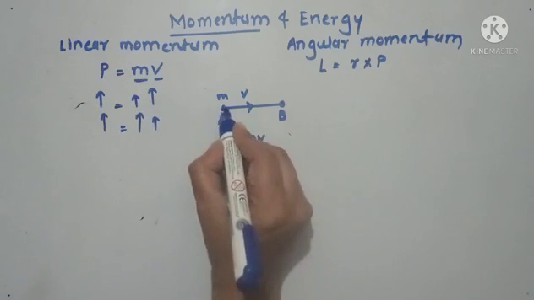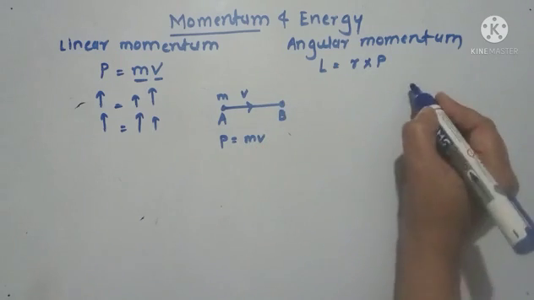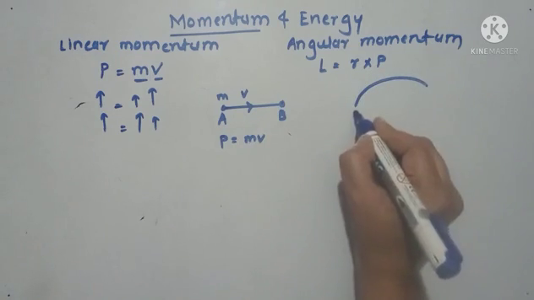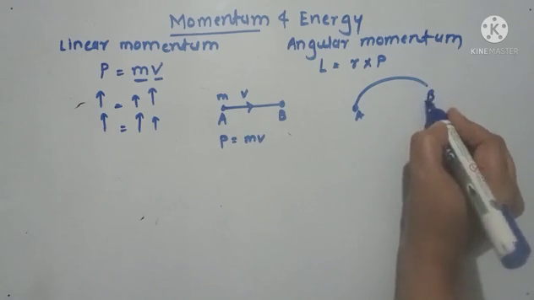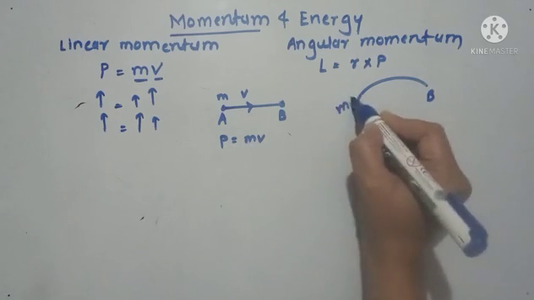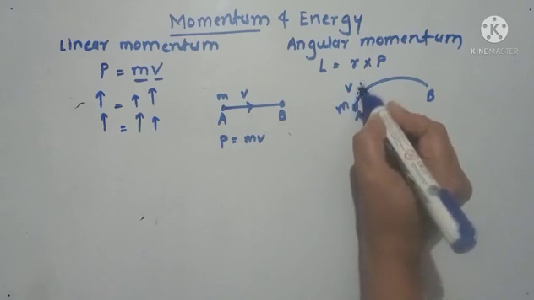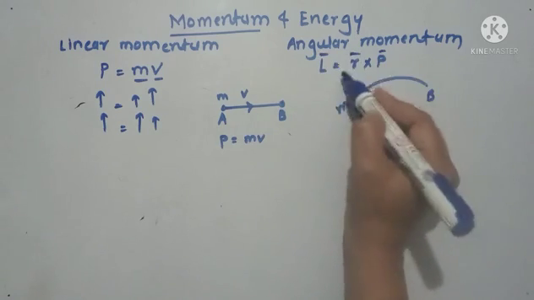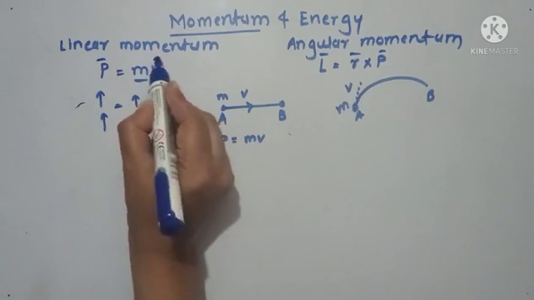When the particle is moving in a straight line, whereas the angular momentum is dealing with the trajectory motion of the particle. Suppose this is a particle moving through some curved path, having mass m and linear velocity v, then its angular momentum is defined by L equals R cross P. All these are vectors, so this is also a vector quantity.